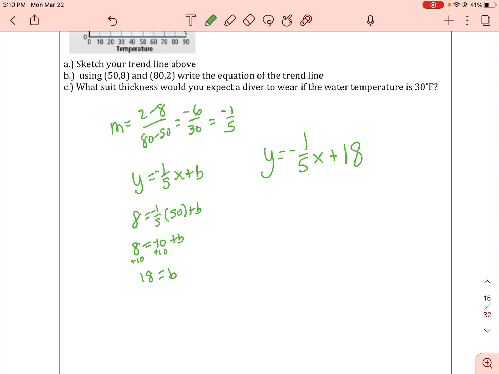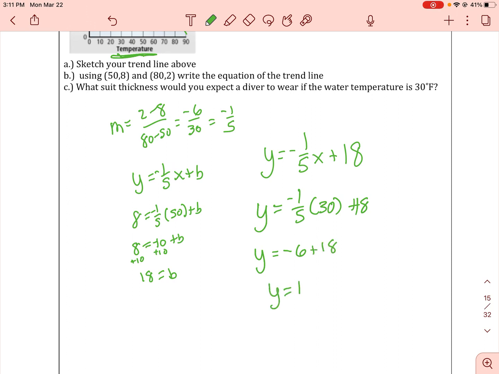So what thickness of soot if the water temperature is about 30 degrees Fahrenheit? Well, water temperature is my X value, so I'm going to substitute 30 in for X. And now I need to solve, so I'm going to do negative 1/5 times 30, which gives me negative 6 plus 18.